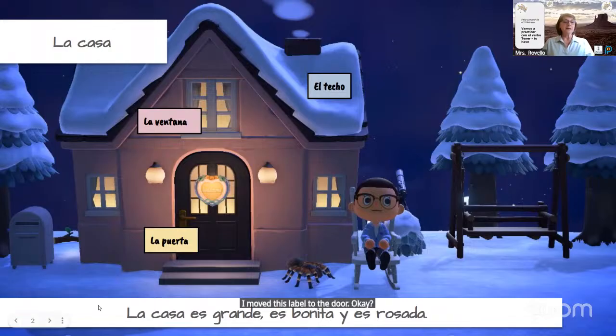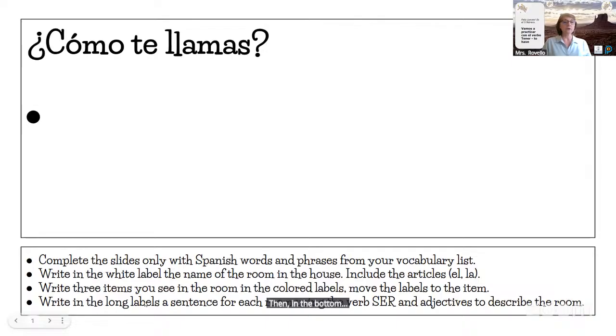Then in the bottom long label, you are going to write a sentence, and it can be a short sentence.